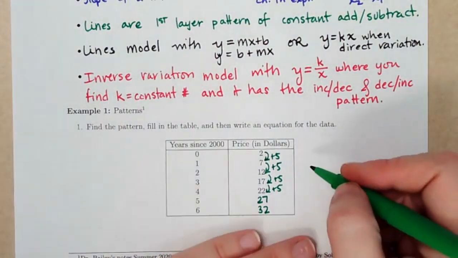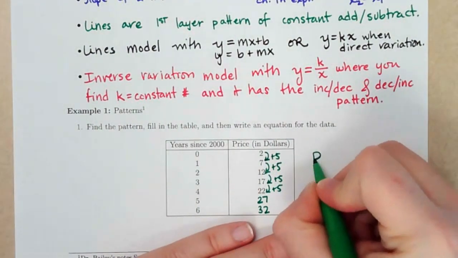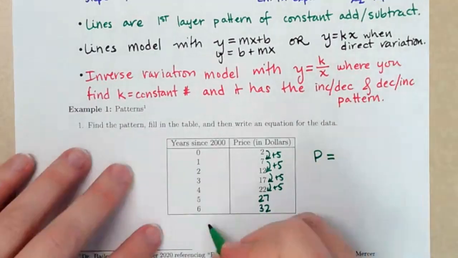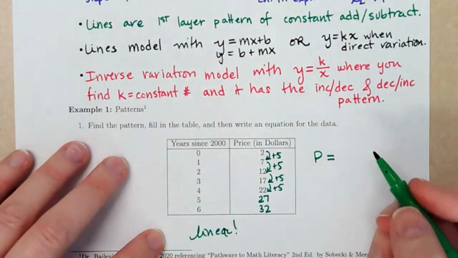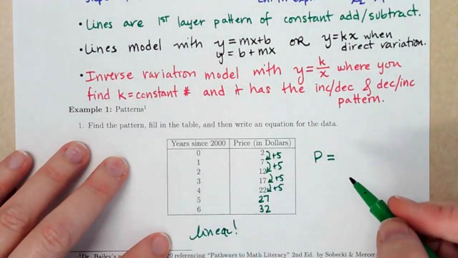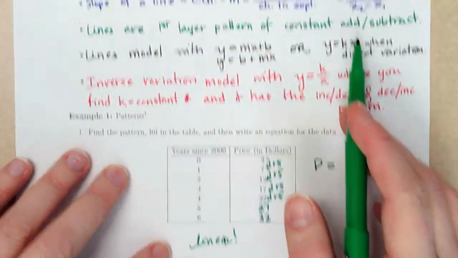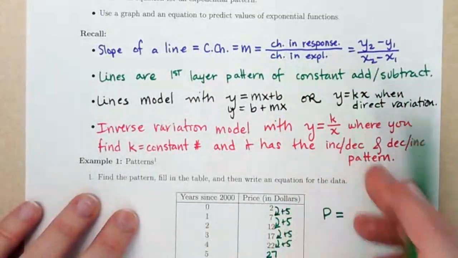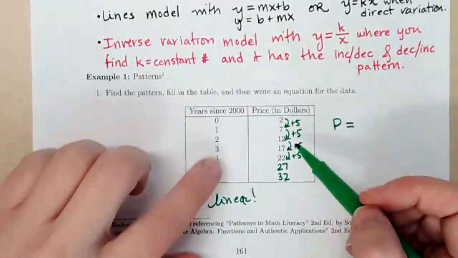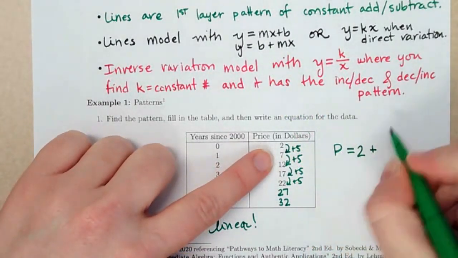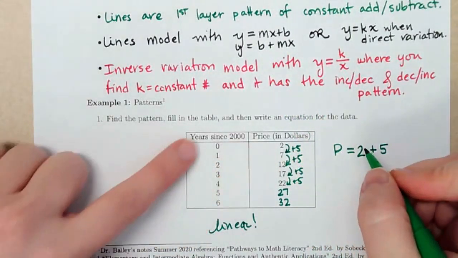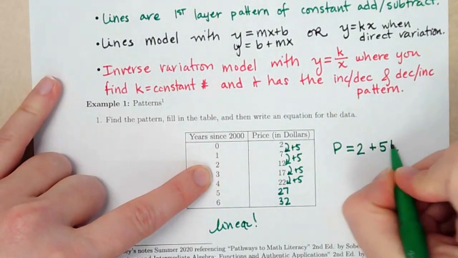And write an equation. Pretty good at this by now. Price, because it's linear. It has the constant add or subtract. So I know that the initial is 2 and the pattern is add 5 however many times, which is however many years go by.